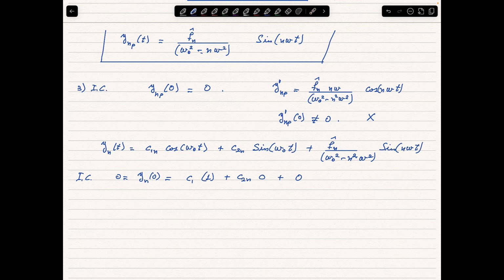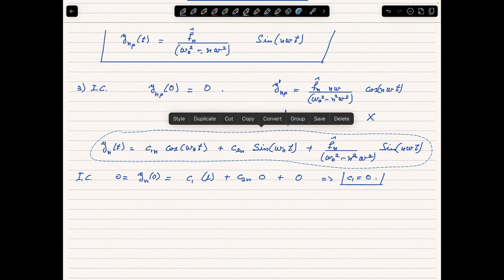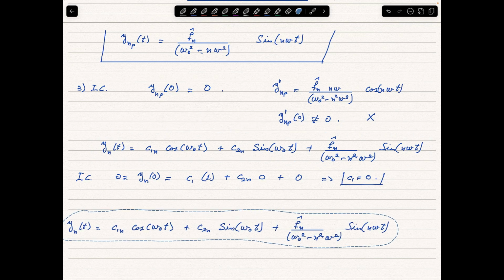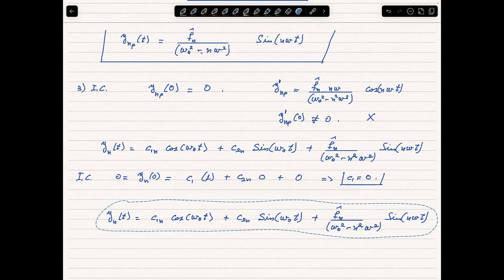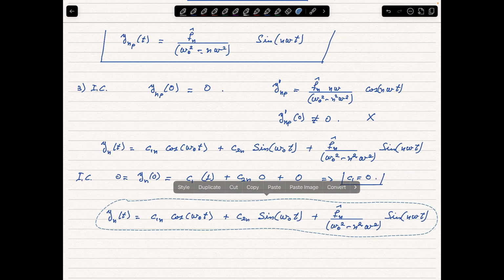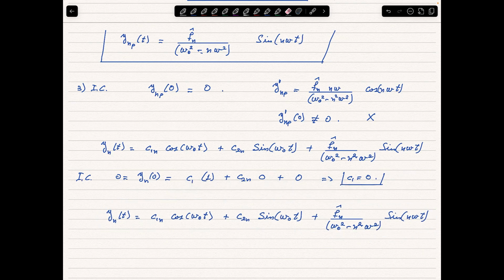So, of course, the first condition kills C1. Great. So now what we have is actually not this whole function. We have only the two last terms. Copy, paste. So I'm going to put it here. And now, happily, I'm going to erase this term that is not there and move everything to the front.